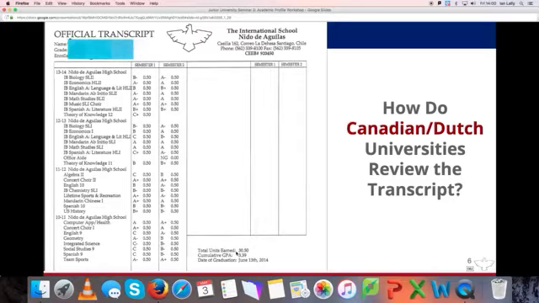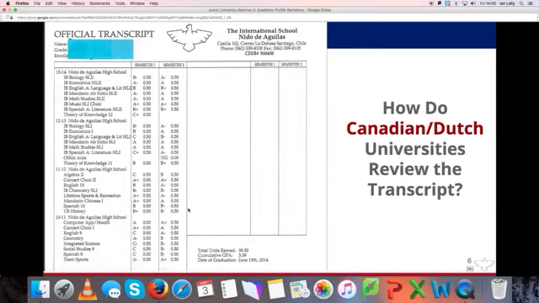They look at the transcript now in Canada and the Netherlands. A lot of students think that, oh, the IB is what gets you into Dutch universities, or the IB is what gets you into Canadian universities. While that may be true in some cases, most of the time it's about a 50-50 balance between your in-class grades, that means what you see here, and your IB grades.